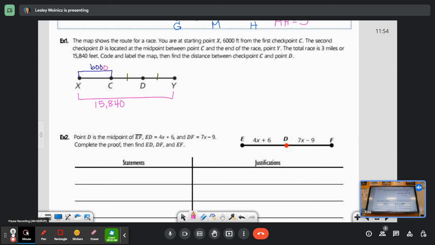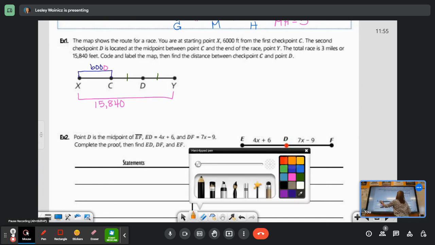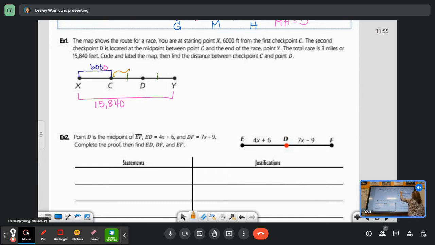So now we have to find the distance between checkpoint C and point D. So we're finding this right here because we don't know what it is. Any ideas? Subtract 6,000 from 15,840. Yeah, we can do that.